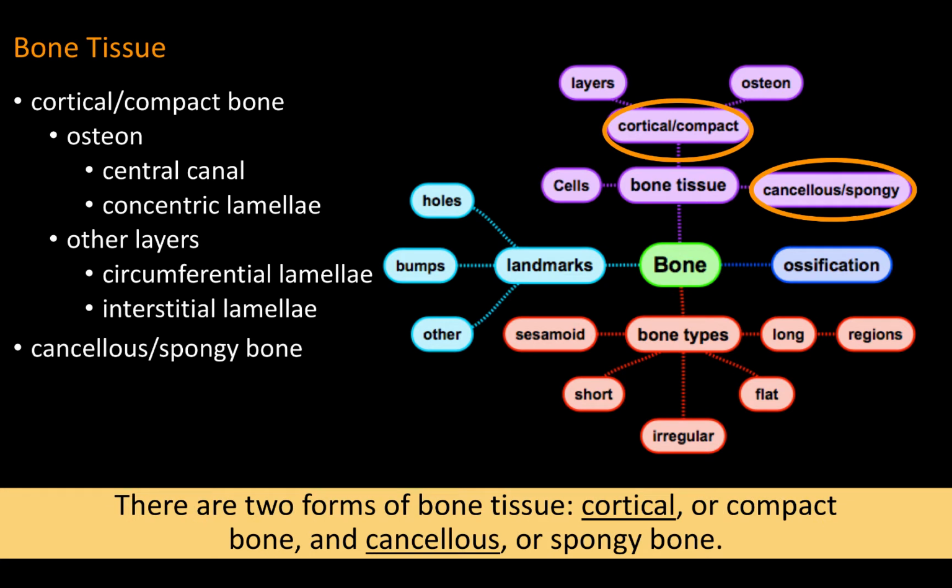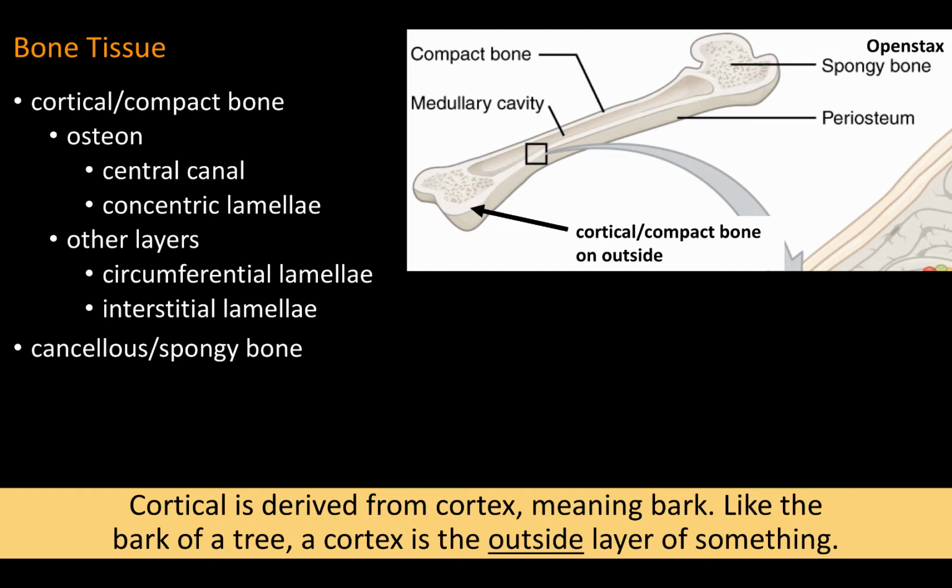There are two forms of bone tissue: cortical or compact bone, and cancellous or spongy bone. Cortical is derived from cortex, meaning bark. Like the bark of a tree, a cortex is the outside layer of something.